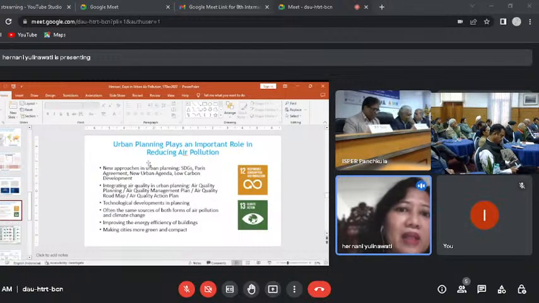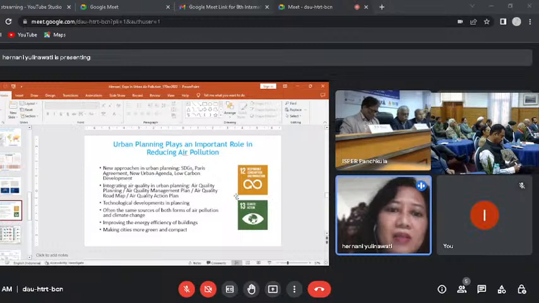So urban planning plays an important role in reducing air pollution. As we know, there are new approaches in urban planning, such as the Sustainable Development Goals, and as I mentioned, there are three earlier: Paris Agreement, Urban Agenda, and Low Carbon Development. Then there's a framework for integrating air quality in urban planning. Some call it air quality planning, air quality management plan, air quality roadmap, or air quality action plan.